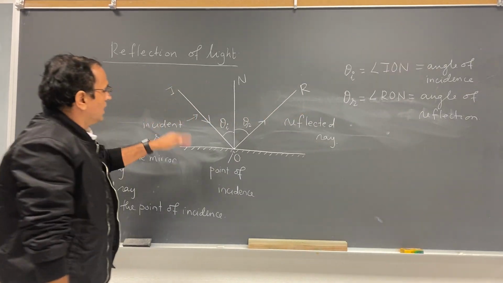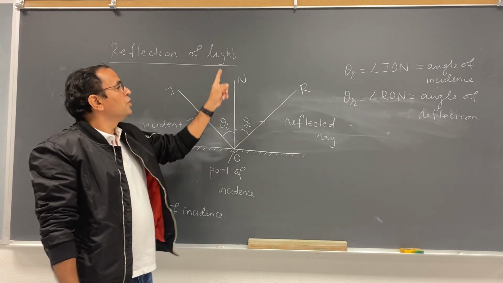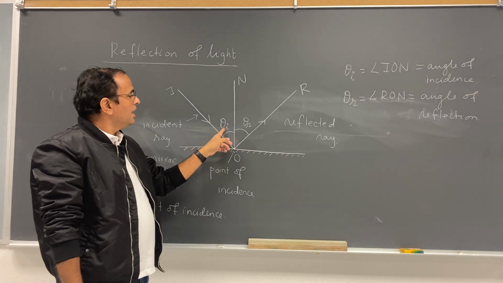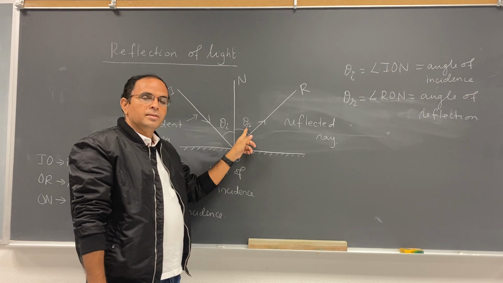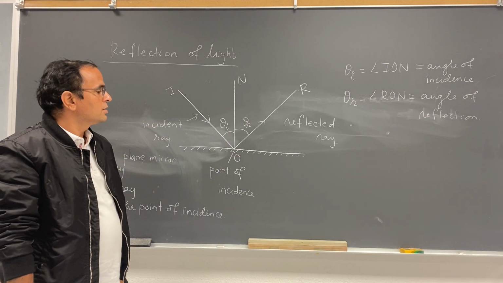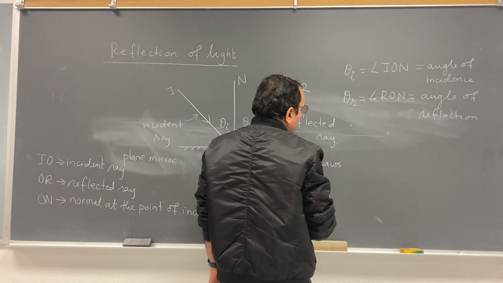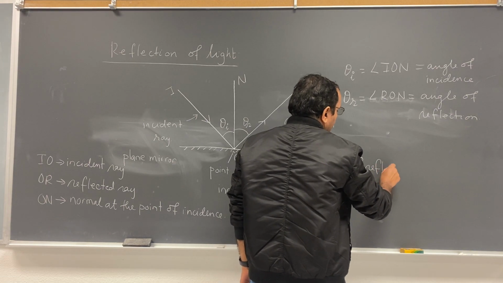Okay, so again, IO, incident ray, OR, reflected ray, ON is the normal, or you can call it the normal ray. Theta I, angle of incidence, you can see the angle of incidence here, and theta R is the angle of reflection, you can see the angle of reflection here. And there are laws of reflection, it is kind of important also, laws of reflection.